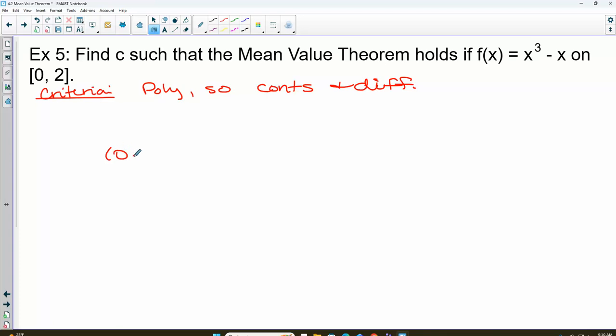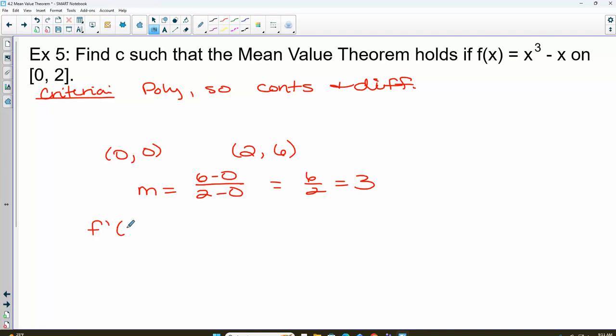If I put in 0, what do we get out? Okay. If we put in 2, we get 8 minus 2, which is 6. So slope, y2 minus y1 over x2 minus x1, gives us 3. So what this tells me is my derivative is going to equal 3 at some point. So we do our derivative, 3x squared minus 1, so that equal to 3.